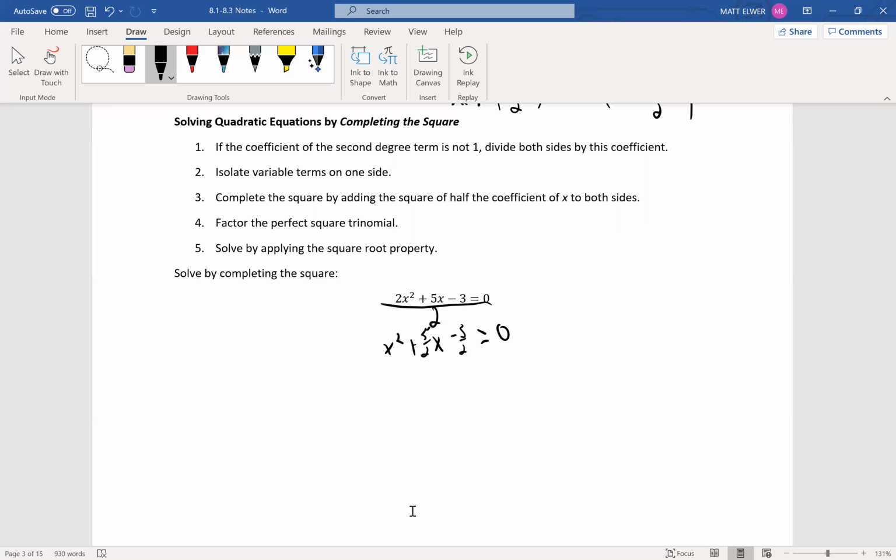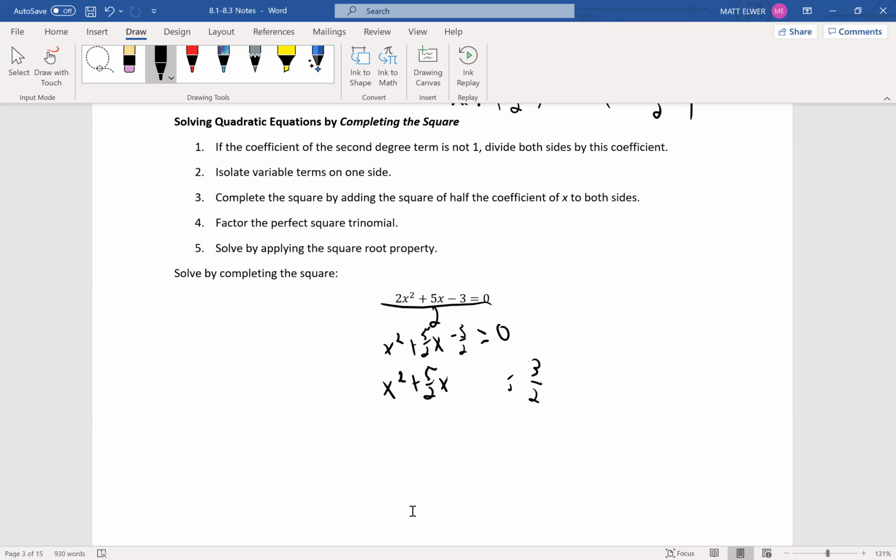I want to isolate the variable terms on one side. I can do that by getting rid of this negative 3 over 2 on the left side, using the inverse operation. So I'm going to add 3 over 2 on both sides. We get x squared plus 5 over 2 x, and I'm going to leave a little bit of space here, is equal to 3 over 2.